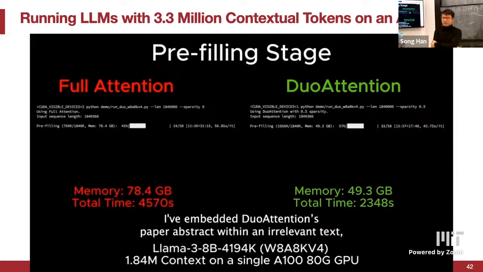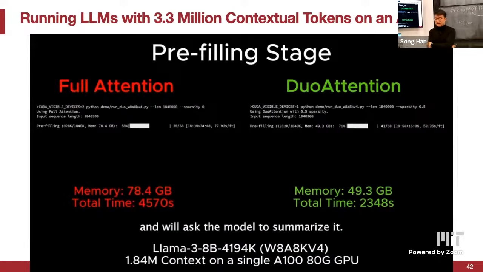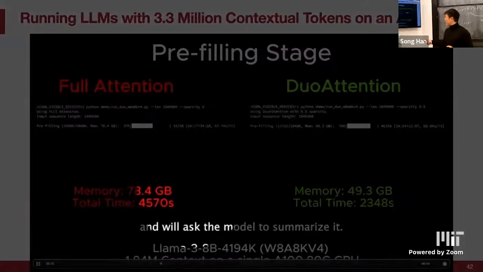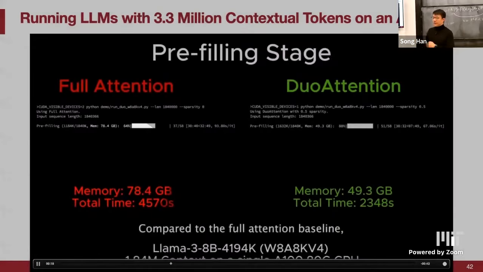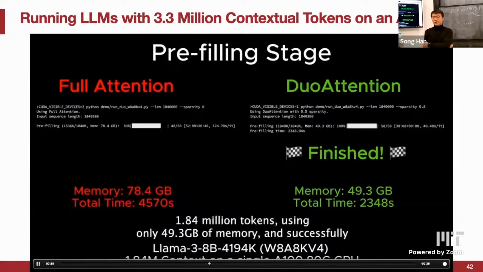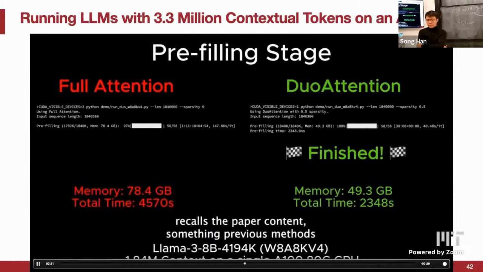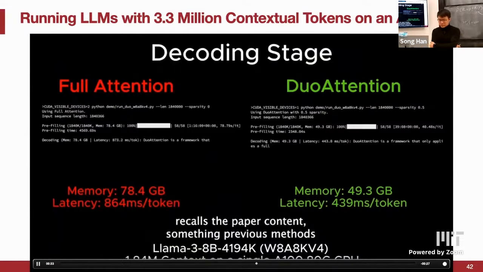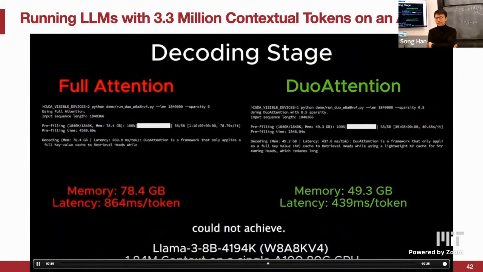So on the left is the full attention, on the right is the dual attention. Almost half the GPU memory, 78 gigabytes versus 49 gigabytes. And the total time is also halved for the pre-filling stage, from 4,000 seconds to 2,000 seconds. And here is the decoding stage.